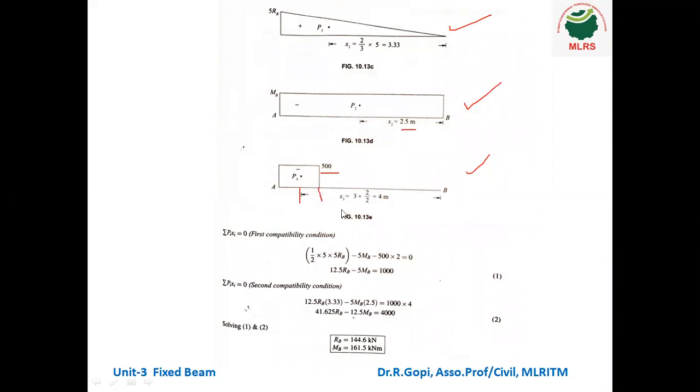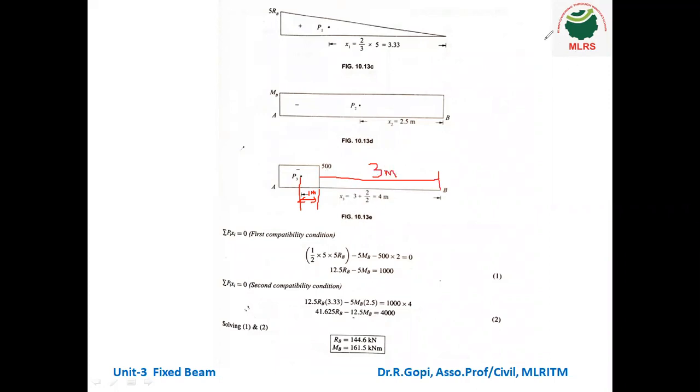It is 2/2 only. Because the moment is acting at 2 meter, so the full length is 2 meter. The half of this 2 meter is 1 meter. Okay. So this is 1 meter. So 2/2, plus from here to here it is 3 meter. So we have to add that also.